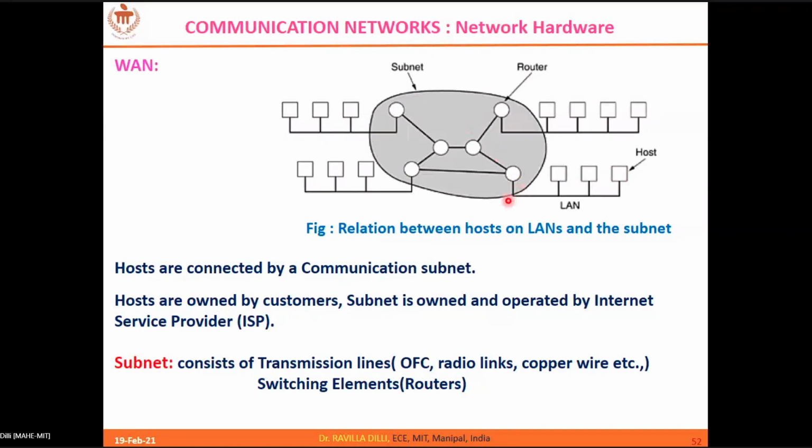Then you have this gray colored shaded region, where the routers are sitting. The job of the router is that they get something at the input line, and they decide which is the best output path to forward that content. So that's the job of the router. The router doesn't generate the data.